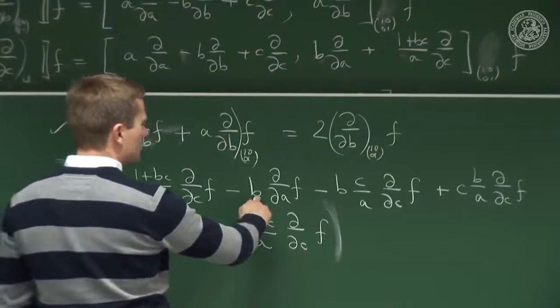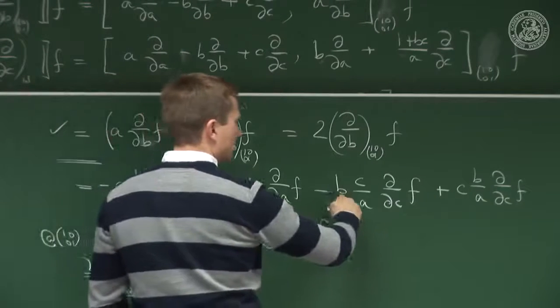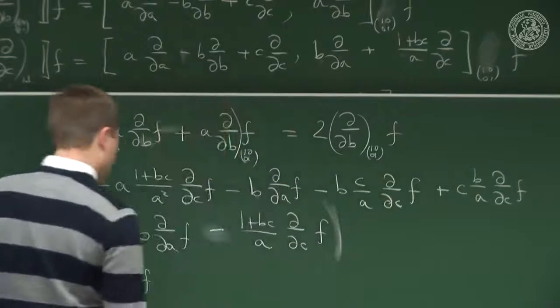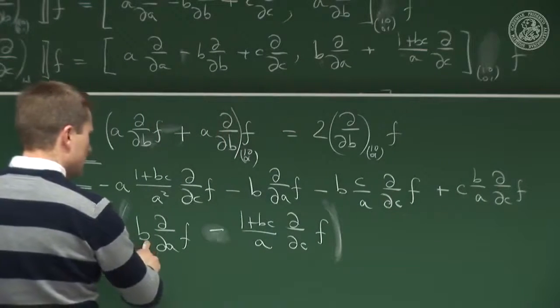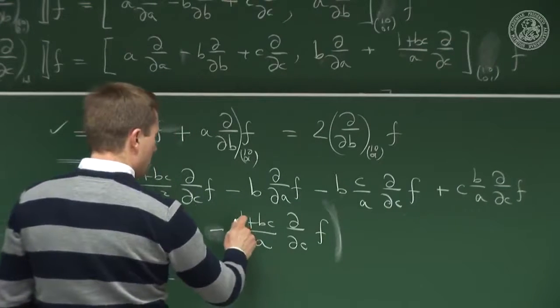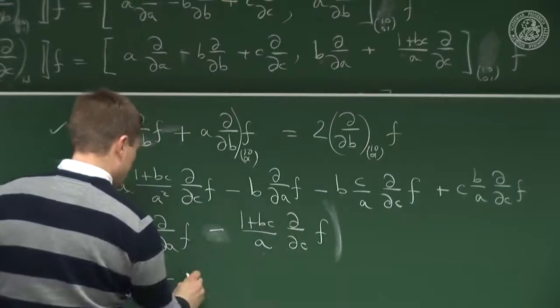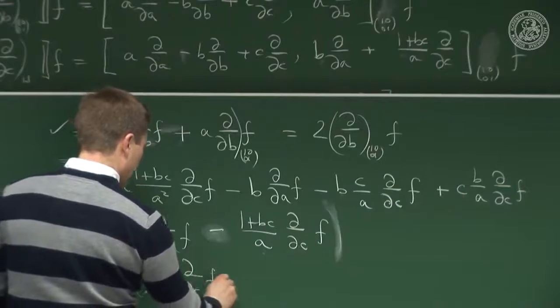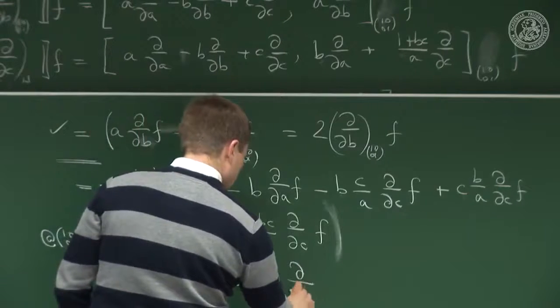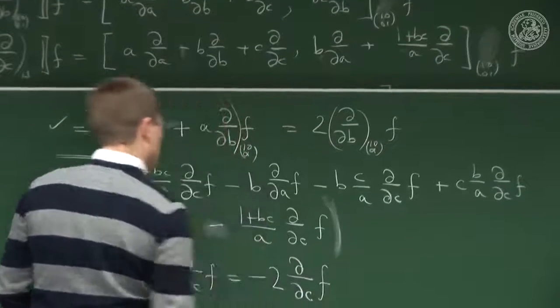So this one is 0 times, 0 times, 0 times. And always the a is 1. So that's well defined. This is 0 times, and this is 1 minus. It's another minus. 1 plus 0 over 1 d by dc is d by dc f is minus 2 d by dc acting on f.